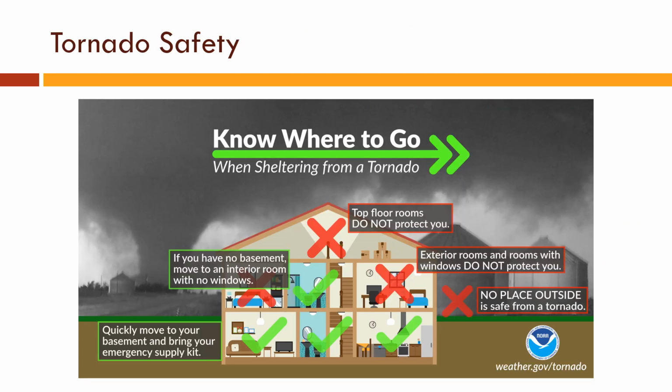This graphic gives you some good tips on how to stay safe and sheltered during a tornado. First and foremost, if it is possible for you, quickly move to your basement if you have a basement. If you don't have a basement, try and find an interior room, not one of the rooms that's on an exterior wall.